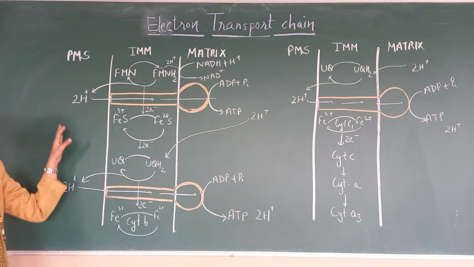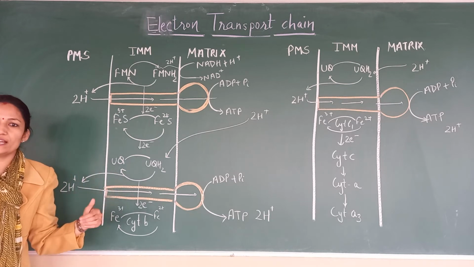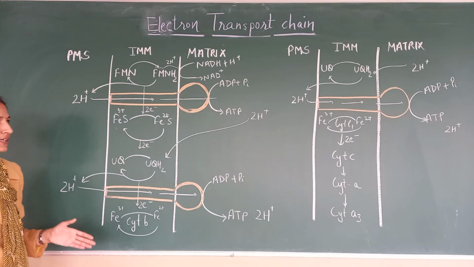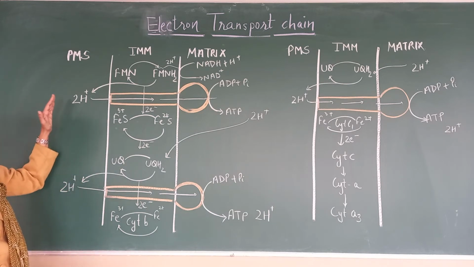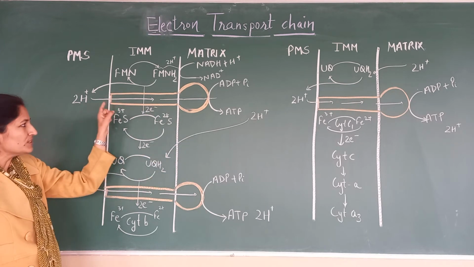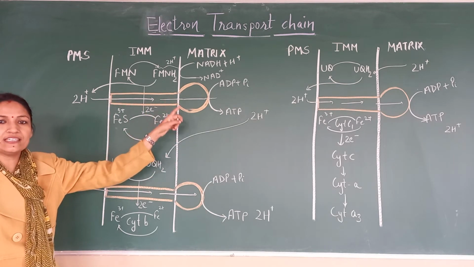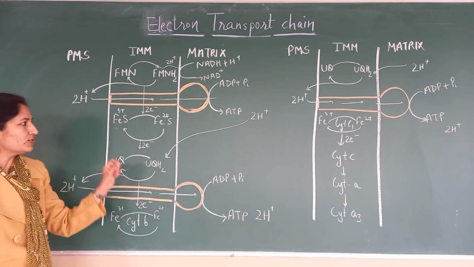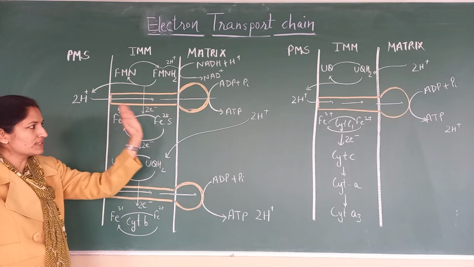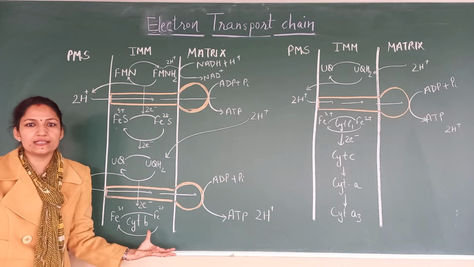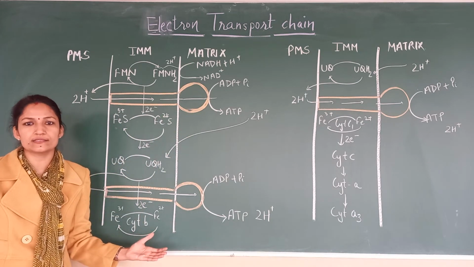So as per the chemiosmosis which we have discussed under the photophosphorylation, the protons start moving from the higher concentration to lower concentration through these channels, and these transmembrane channels will allow these protons to cross the membrane. Otherwise, this mitochondrial membrane is impermeable to ions.